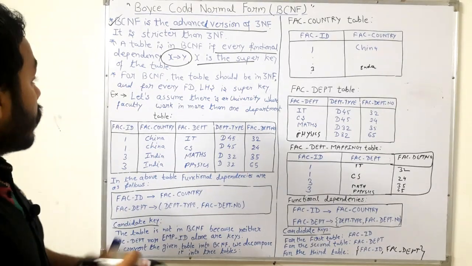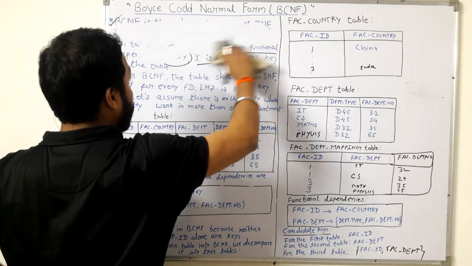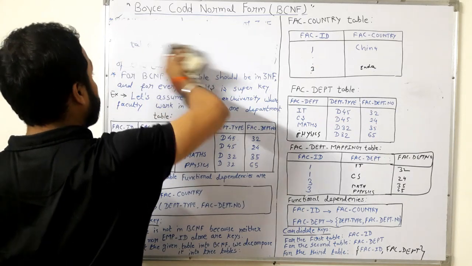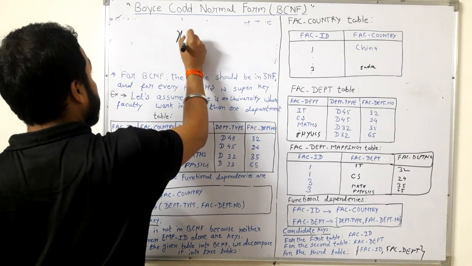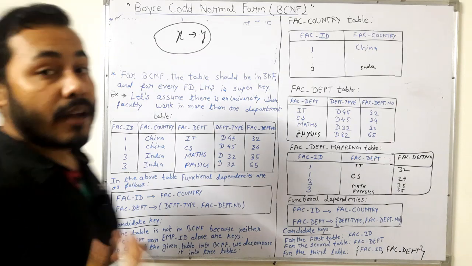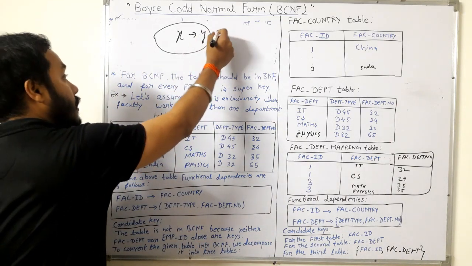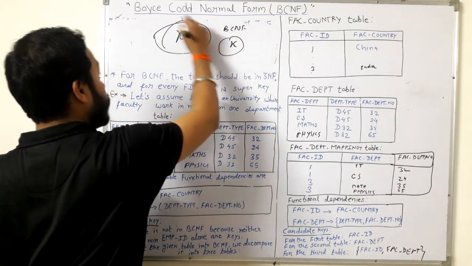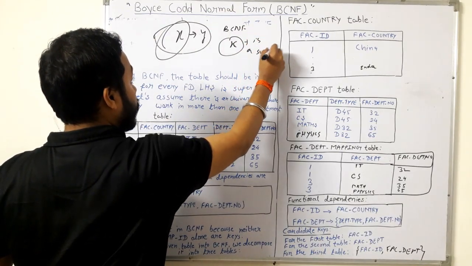To make it more clear to you, I am again writing down that fact. Consider a functional dependency X implies Y. Suppose this is indicating the functional dependency of a relation R. Now, this will be in BCNF only if X is a super key.